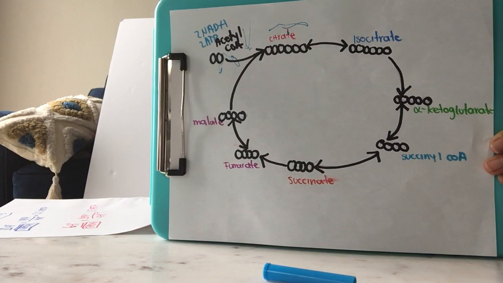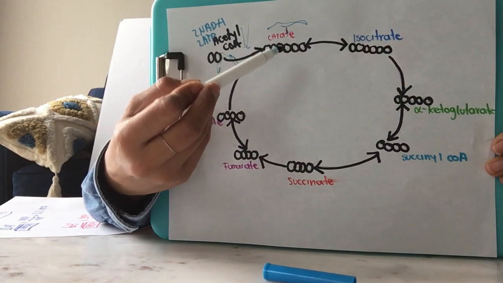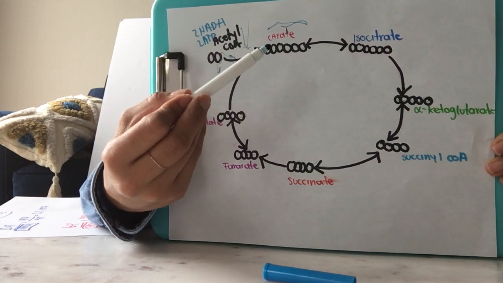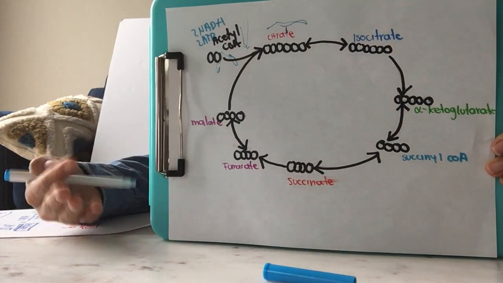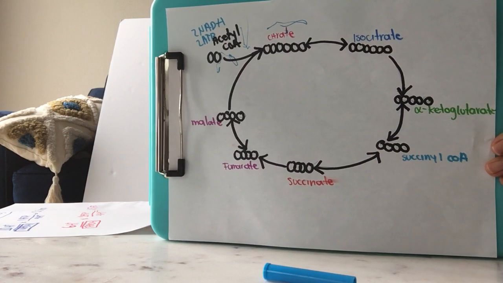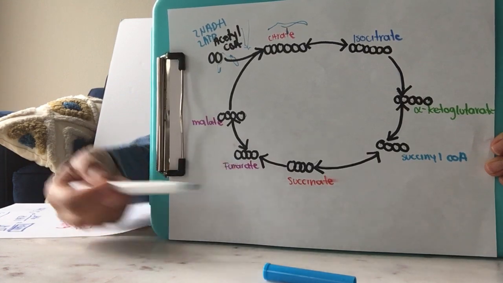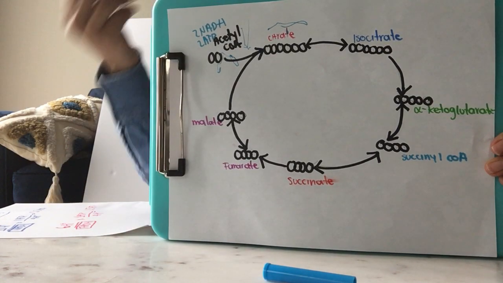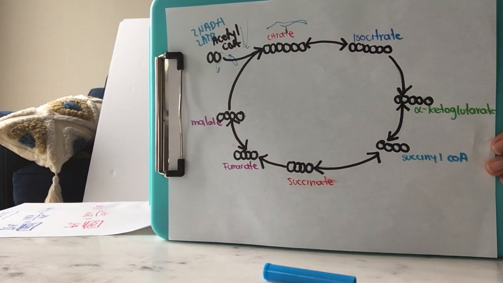Citrate synthase is regulated by ATP production. So if there's too many of the NADH, this citrate synthetase is going to be inhibited. If there's too much ATP, it's going to be inhibited as well. Also this succinyl-CoA that we will see around here will inhibit this enzyme to produce citrate.